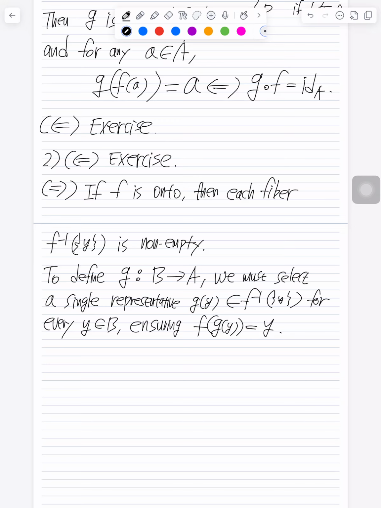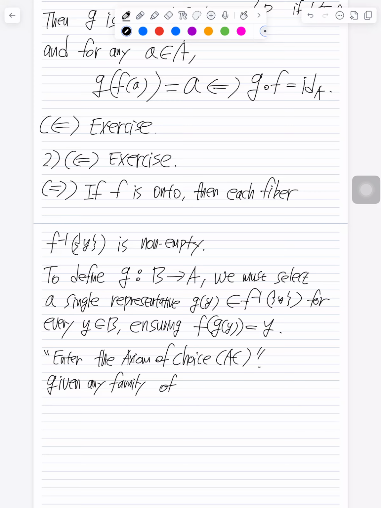So now you can see that, given any family of non-empty sets, there exists a function choosing one element from each.